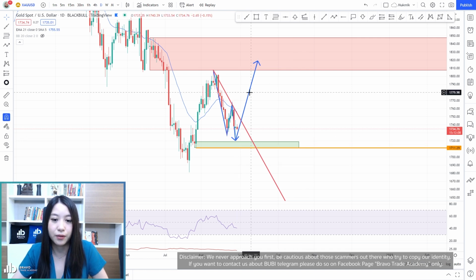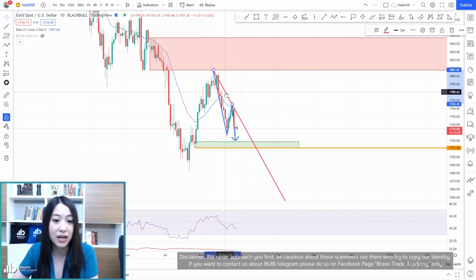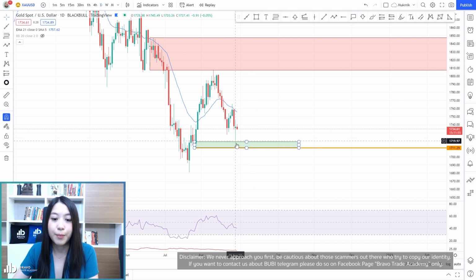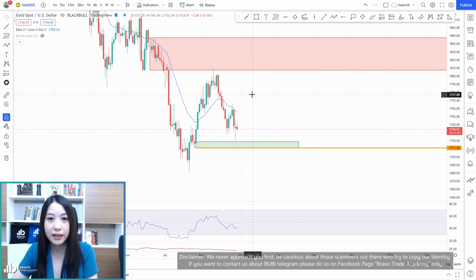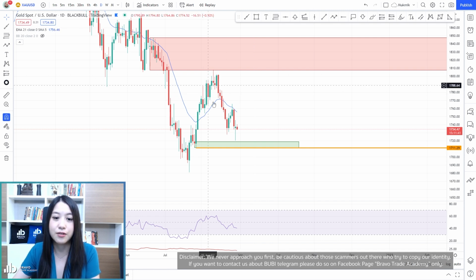But we do need to be careful, because with this structure we are halfway to a downtrend. So be careful on buying, but also be careful on selling, because we only have one checklist item toward a downtrend. We still haven't got another one, so we can't confirm the trend here in the daily time frame.